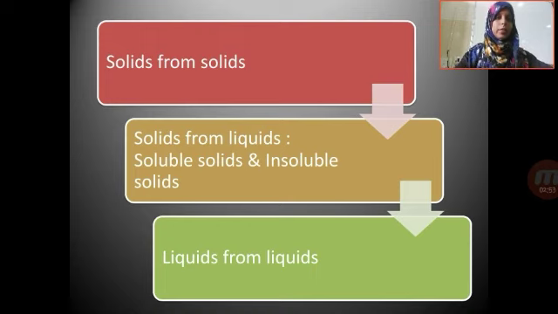For example, when you mix sugar and salt, or where you mix grain and the small stones that are present in it. It is a mixture of solid from solid.